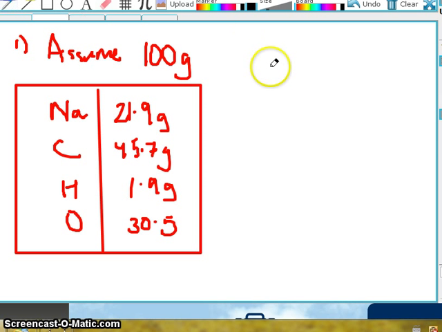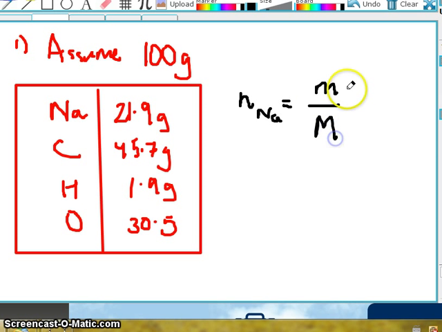And so let's say for the moles of sodium, and remember your basic formula. So the moles of sodium is the mass of sodium divided by the molar mass of sodium, right? So you can just write a little Na, just to remind yourself.